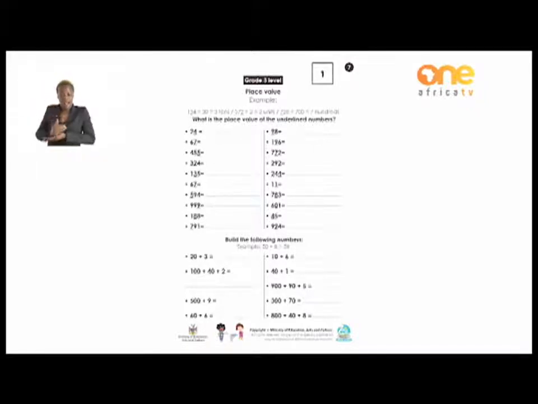Remember, in our previous lessons, we have learned how to break up the numbers. But this time, we have to build the numbers. What do we do when we are building up the numbers? 20 plus 3, if it has to become one single number, what can we do?